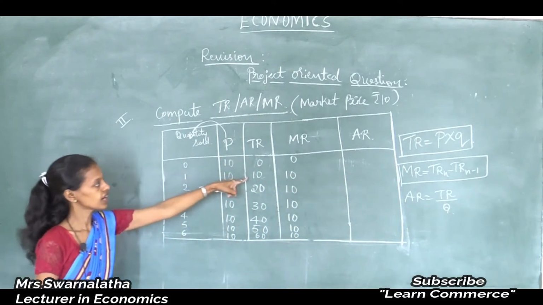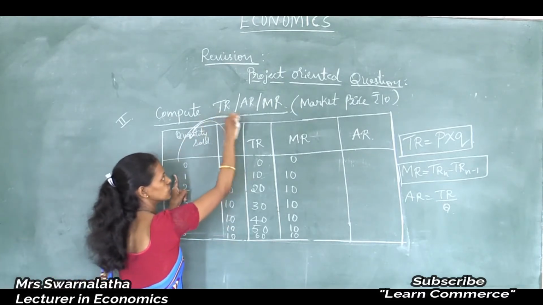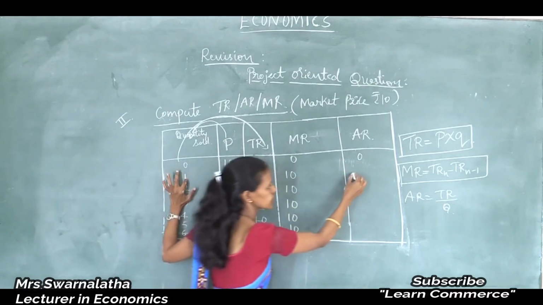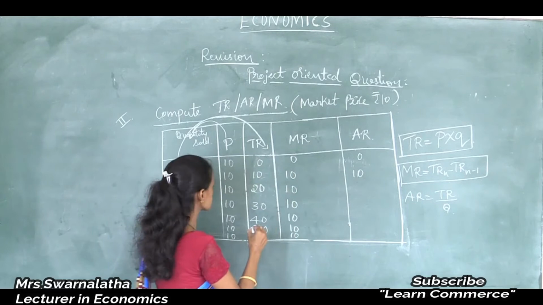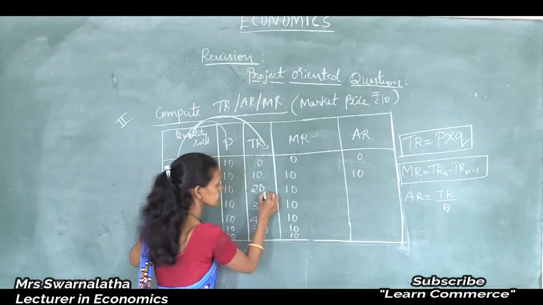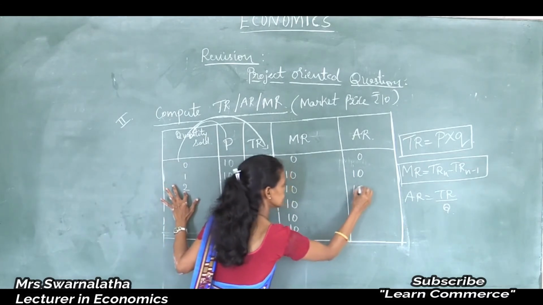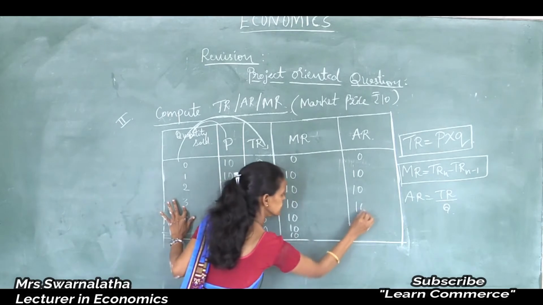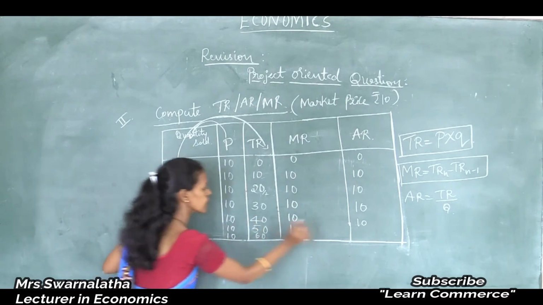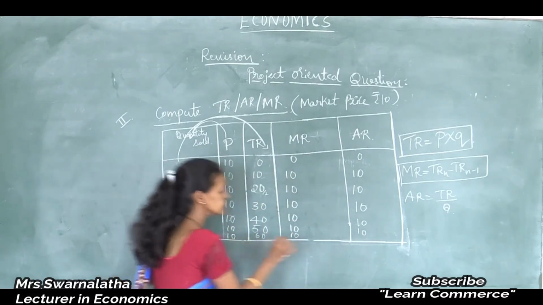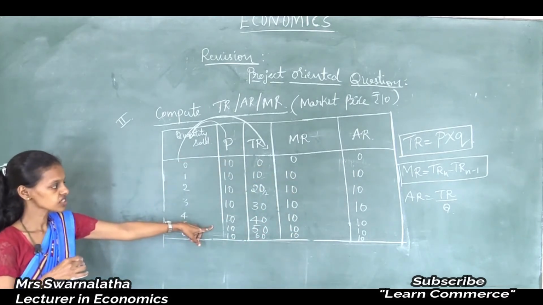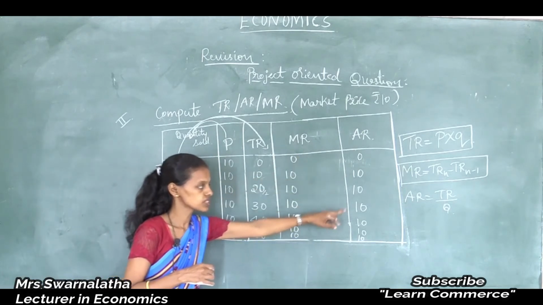Total revenue divided by quantity: 0, 10 by 1, 20 by 2, 10, 30 by 3, 10, 40 by 4, 10, 50 by 5 that is 10, 60 by 6 that is 10 each.